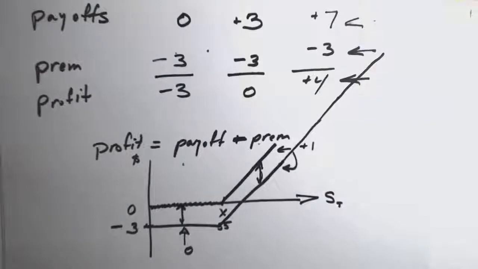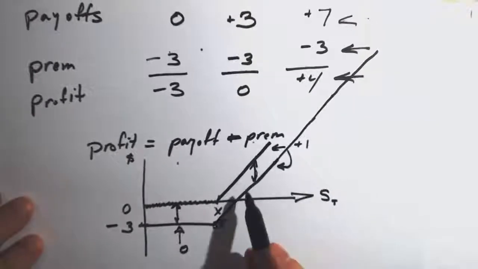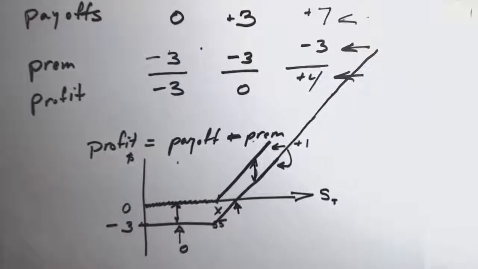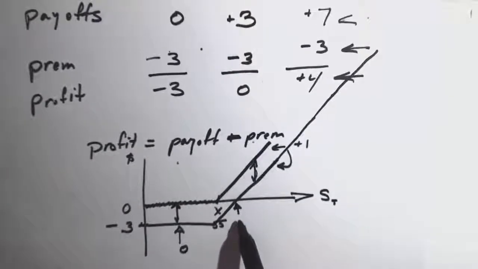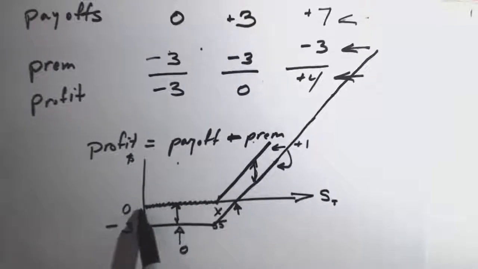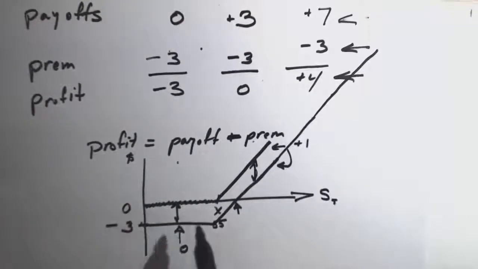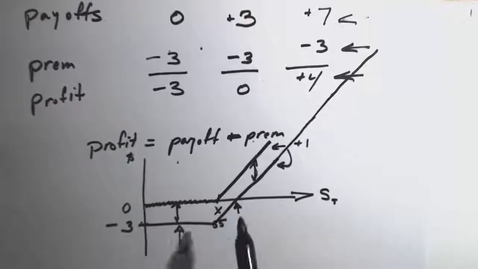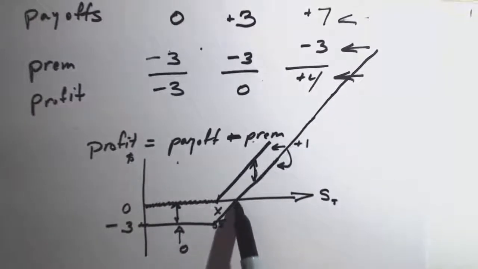Now, sometimes we ask, what is the break-even point of this? One of the things you need to keep in mind on these graphs is that the break-even point is the point where you have a 0 profit. So when you have these hockey sticks, you're going to have a line that crosses the 0 position here.